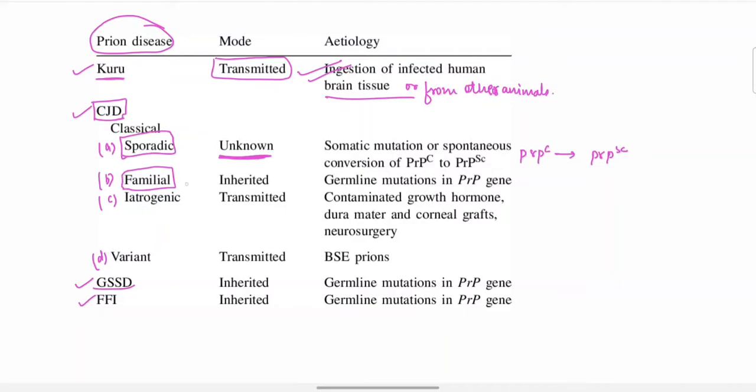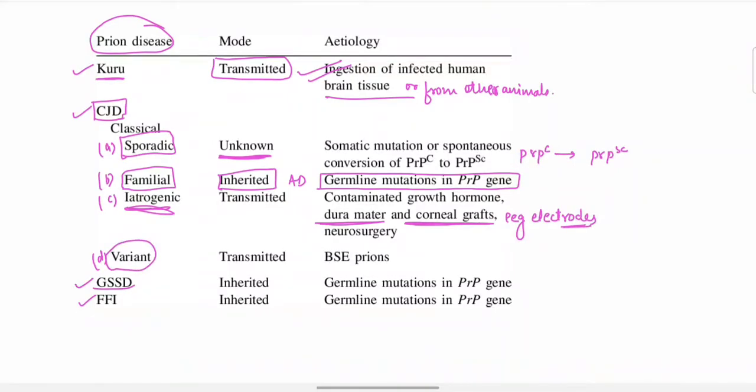Familial is usually inherited in an autosomal dominant manner, with germline mutation in the PRNP gene. Iatrogenic is from dural grafts, corneal grafts, or EEG electrodes. It can be transmitted from one person to another.